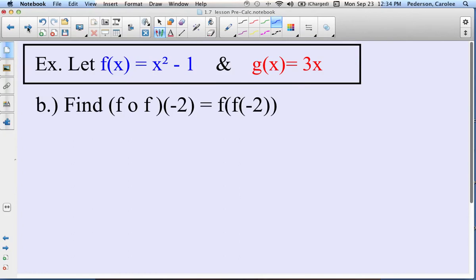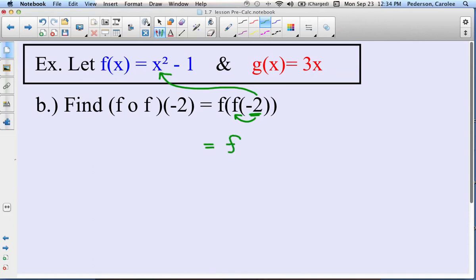Next example, we want to take the fog of negative 2, which means take f of g of negative 2. So we can ignore the g of x function. We're not using it at all. So let's go into the innermost parenthesis first, which is negative 2. Look backwards. We're going to evaluate the g of x function. I'm going to replace that x with negative 2.